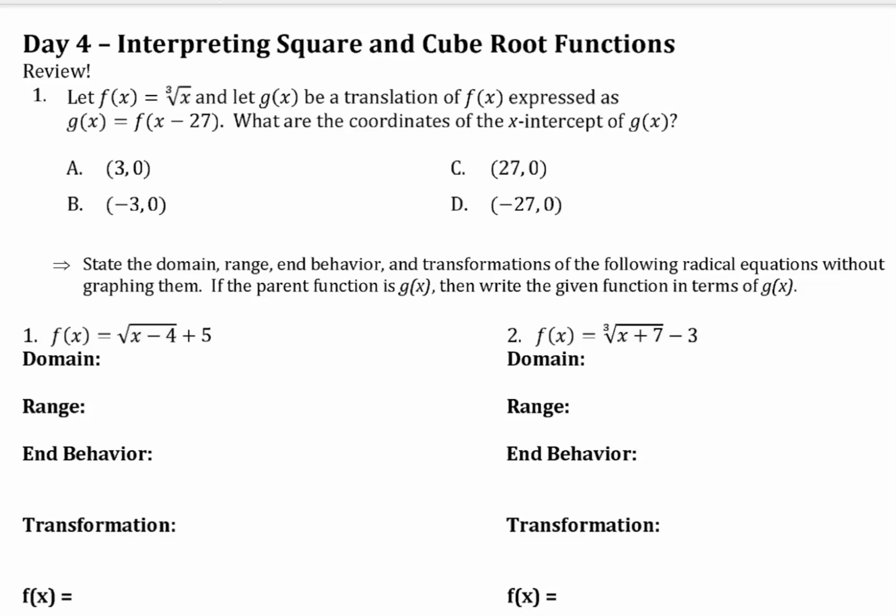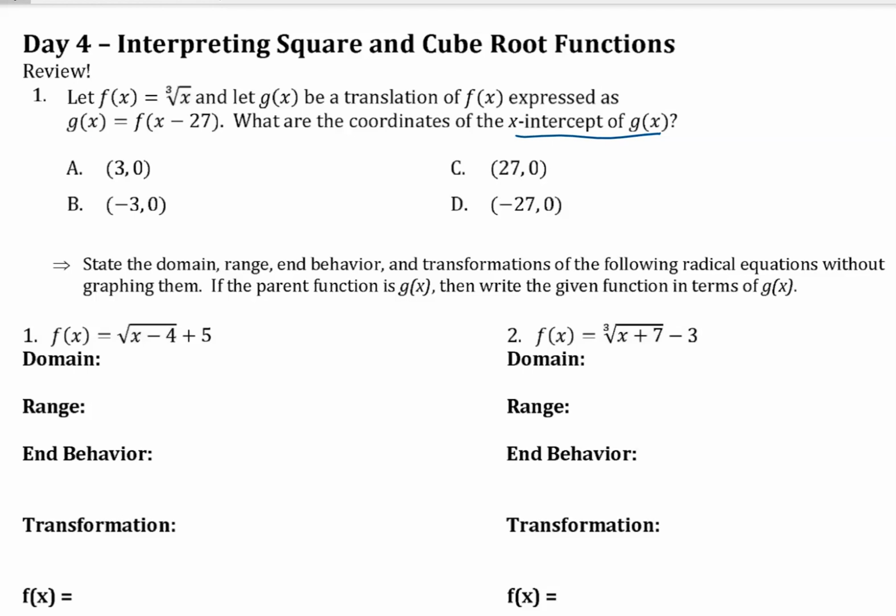The question asks us, if we let f of x equal the cube root of x, and we let g of x be a translation of f of x, expressed as g of x equals f of x minus 27, what are the coordinates of the x-intercept of g of x. Well, first off, let's see what this really means.